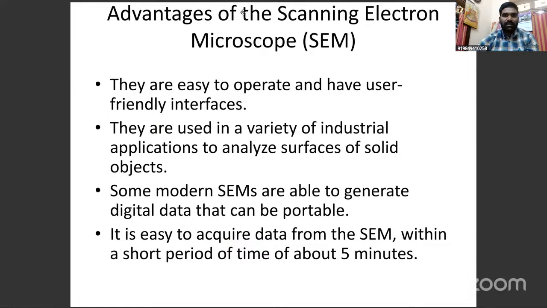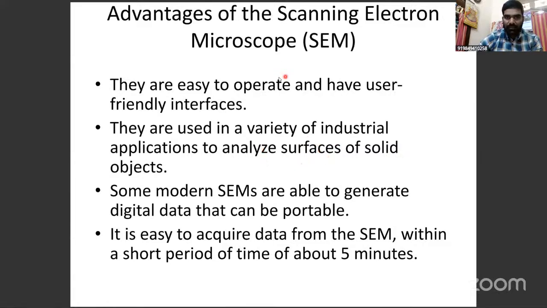Advantages of the scanning electron microscope. They are easy to operate and have user-friendly interfaces. They are used in a variety of industrial applications to analyze the surfaces of solid objects.